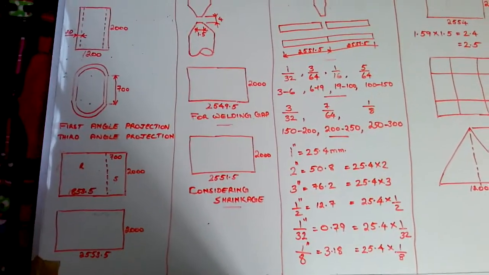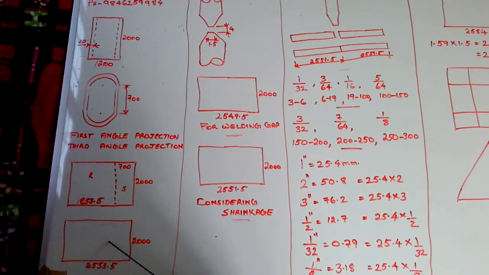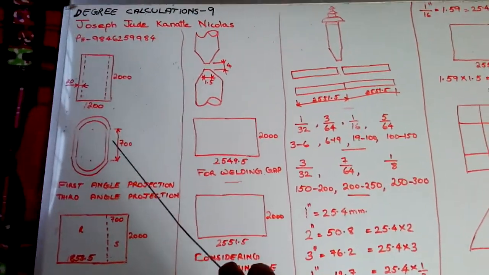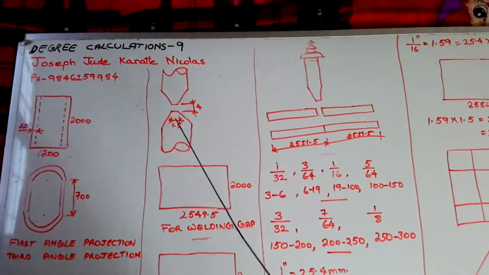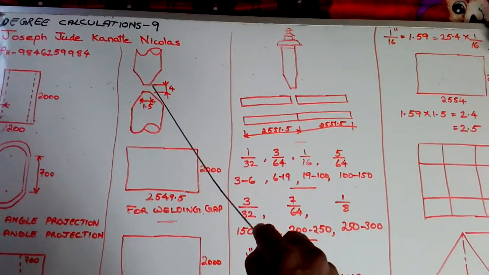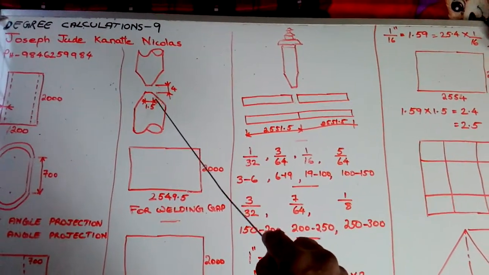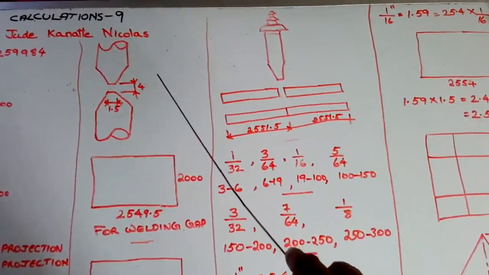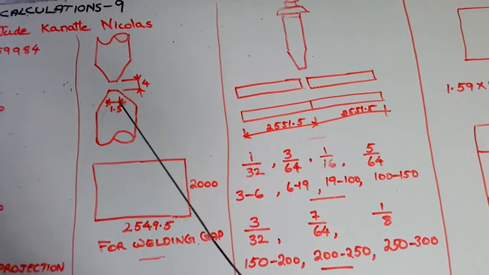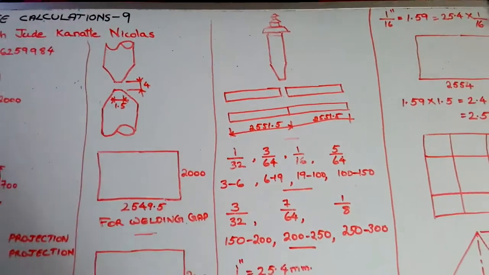So when we took this development, we said that when we make one joint here, it has to have a gap. I am not describing it because last time I had described it. For teaching you, I told about a 4 mm gap and nose width of 1.5.